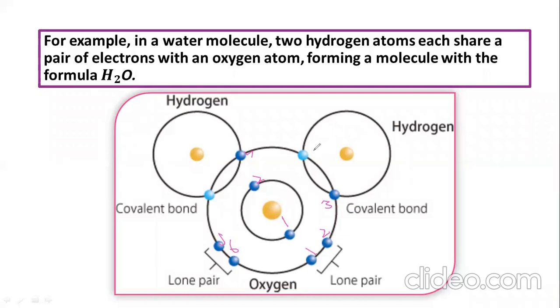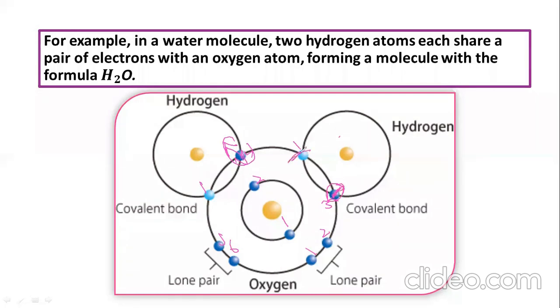While hydrogen contains how many electrons? 1. And this hydrogen also contains 1. It means each hydrogen needs 1 electron to complete its first shell, because the first shell contains 2 electrons. So what will happen? This oxygen will share this electron with this hydrogen, and this oxygen will share this electron with that hydrogen. It means they form what? A covalent bond here, and another covalent bond. The hydrogen shares its electron with oxygen, and oxygen shares its electron with hydrogen.